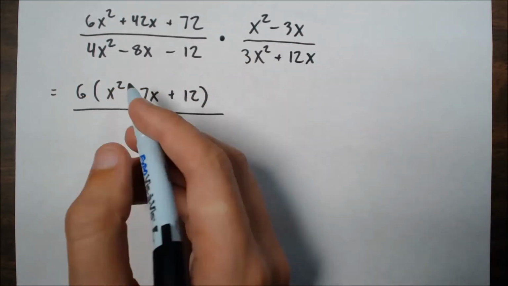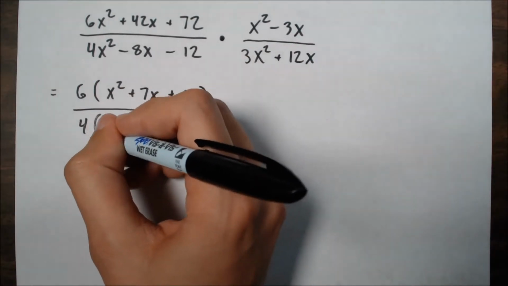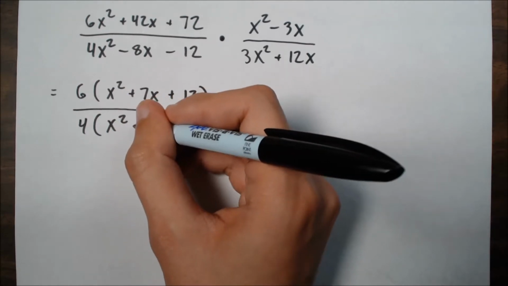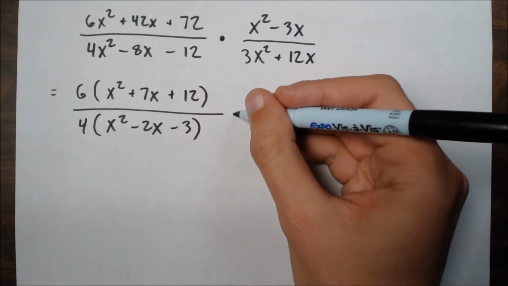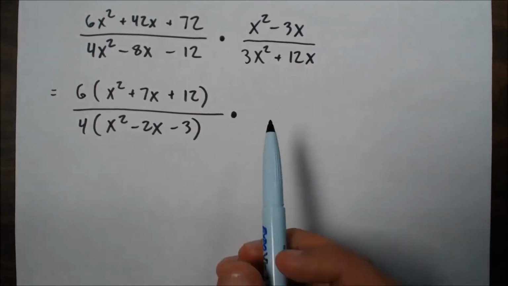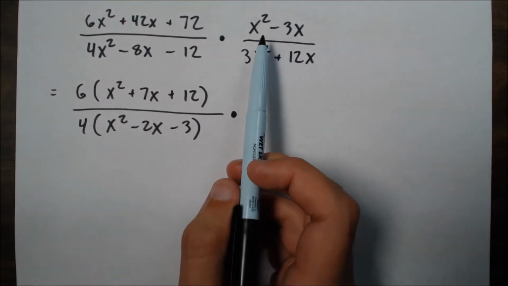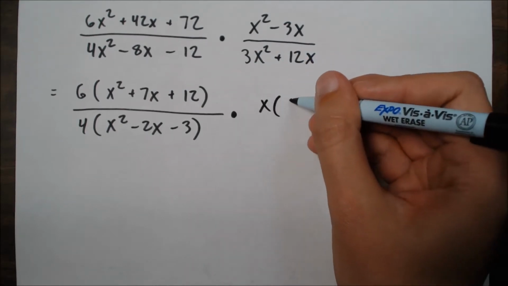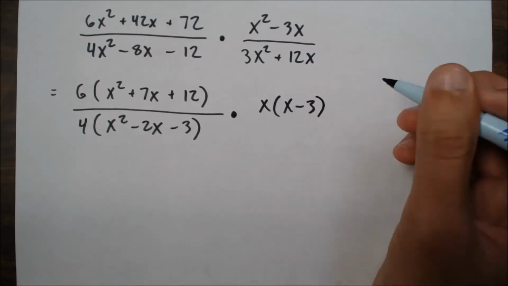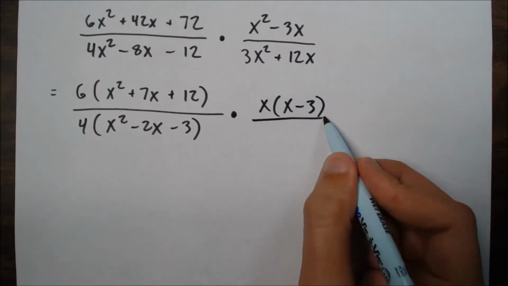And in the denominator, I can factor out a 4. What about the other side? On the other numerator, I can factor an x out. And I can factor out a 3x from the denominator.